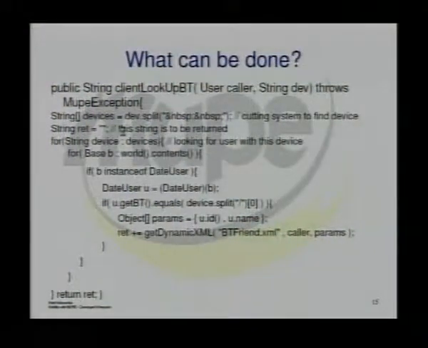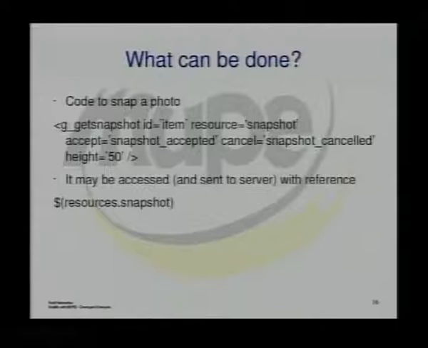And the last example is how to take a photo. Here is one line of code that creates a photo snapping screen, and it's sent to the server using the given reference.